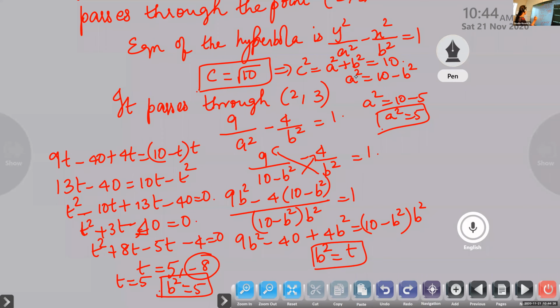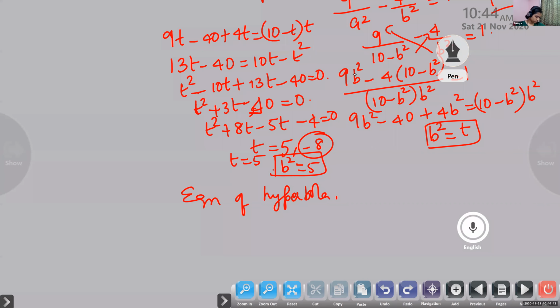What is the equation you are getting here? Punya, what is the equation of hyperbola? Ma'am, I'm just doing. Okay. So equation of the hyperbola is y square by 5 minus x square by 5 is 1. Is it correct, Gayatri? Ma'am.